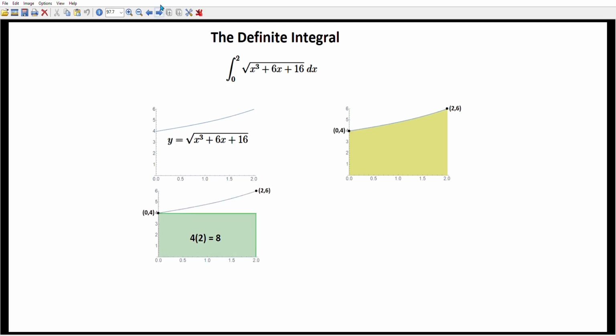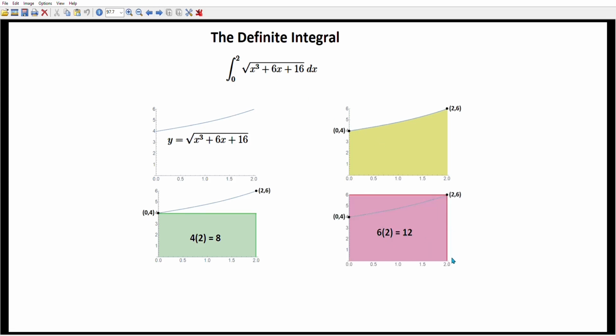So what we can do is the following. We can draw a little rectangle from the low point, and we see this rectangle has height 4. Length of base is 2, area is 8. We're guaranteed that this area is less than the area described up here.